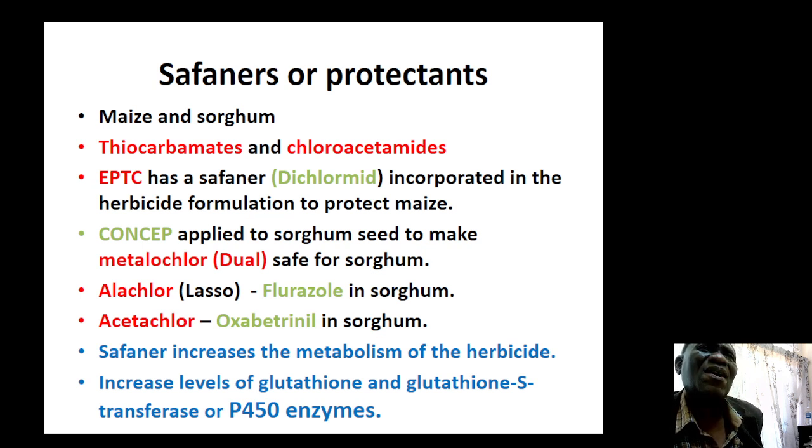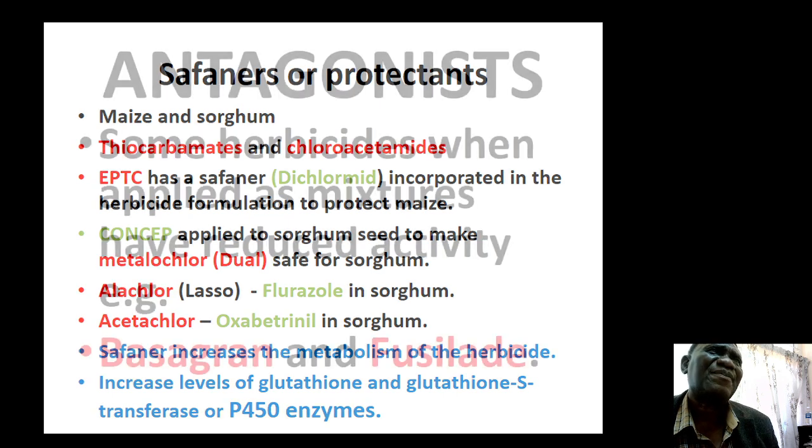Acetochlor, oxabetrinil, which protect sorghum. So safeners can increase the metabolism of herbicides. They can increase the levels of glutathione and glutathione S-transferase, or even P450 enzymes, so that herbicide degradation is fast in order to give protection.